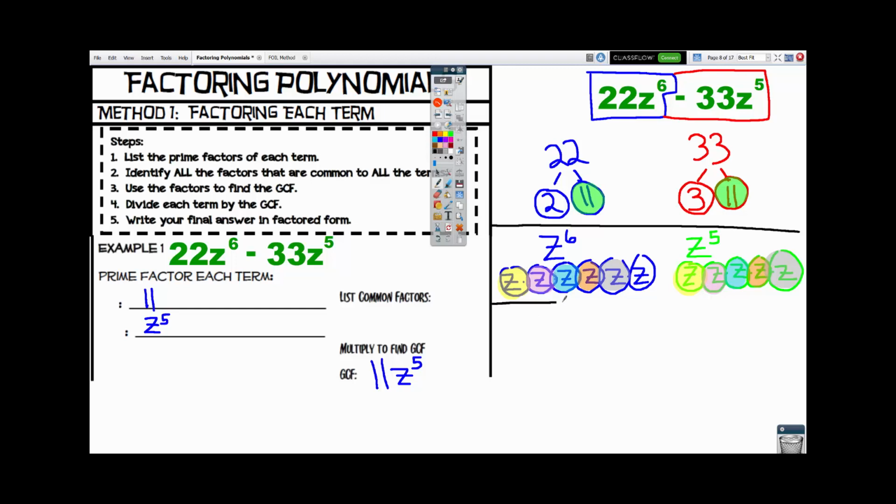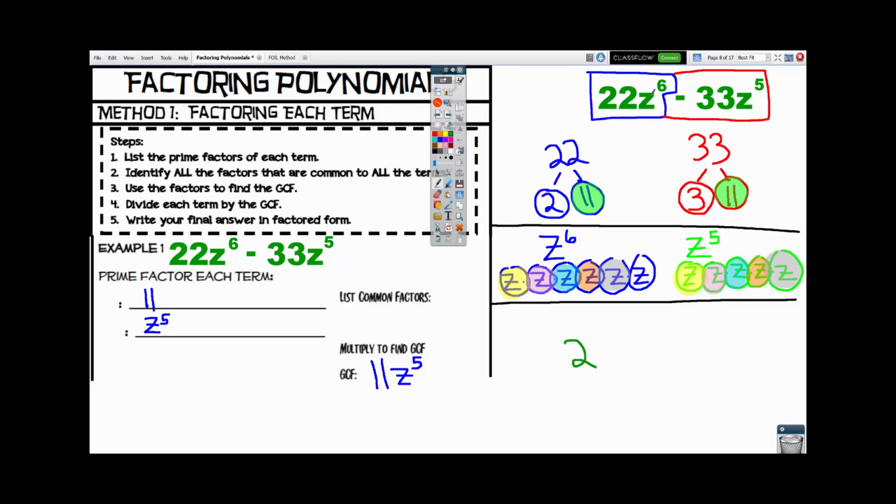I'm going to draw another line across. And now we are going to go back up here, and we are going to divide each term by the greatest common factor. We'll start with the first term in our binomial here, which is boxed in blue. Let's divide the coefficients first. So 22 divided by 11 is going to give us 2.